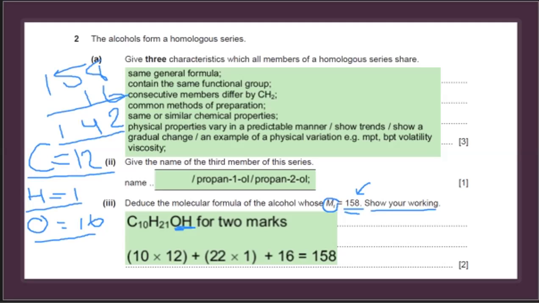Right? So if we check 10 carbons, we will have 10 by 12, because carbon is 12, which is 120.